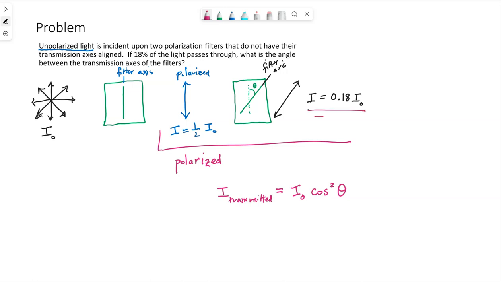Well, the light transmitted in this case is the 18% of the original over here, I naught.